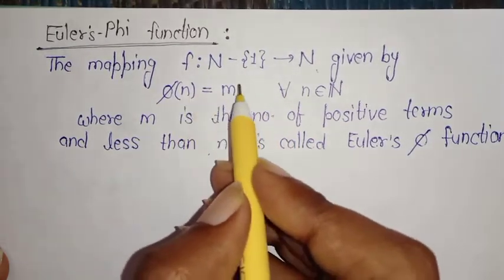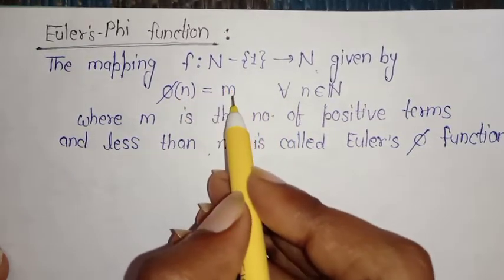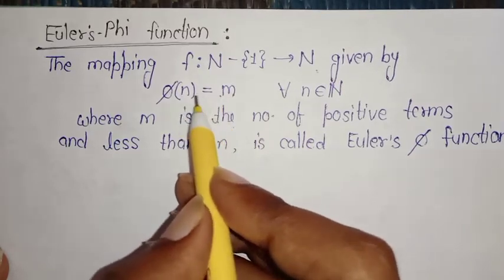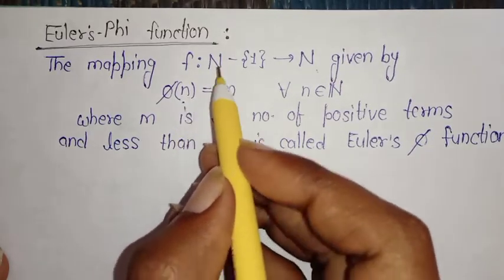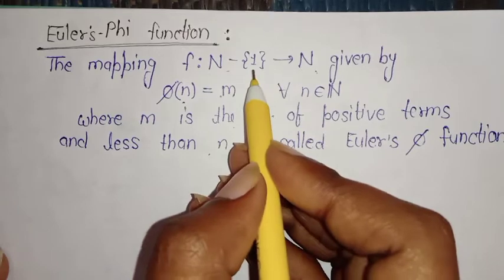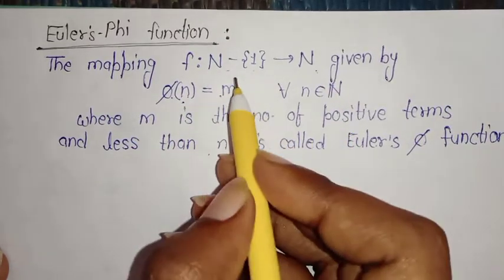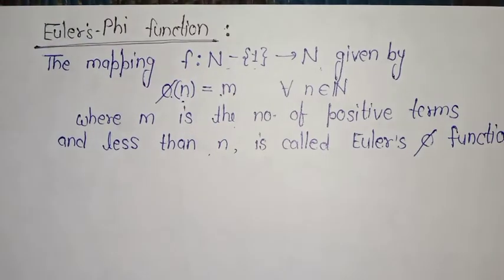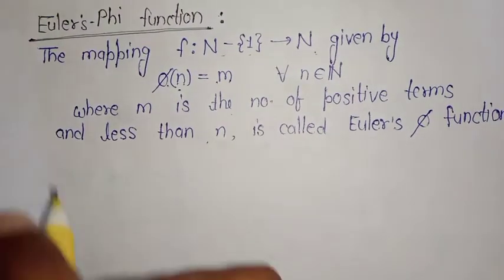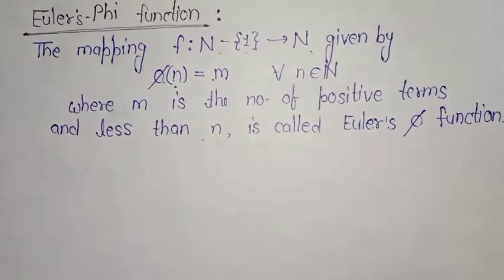We are taking the number of all positive integers as m, and they should be less than n. Here we are removing 1 because the value of phi of 1 is always 1. So there are some rules to calculate the Euler's phi function of any number.